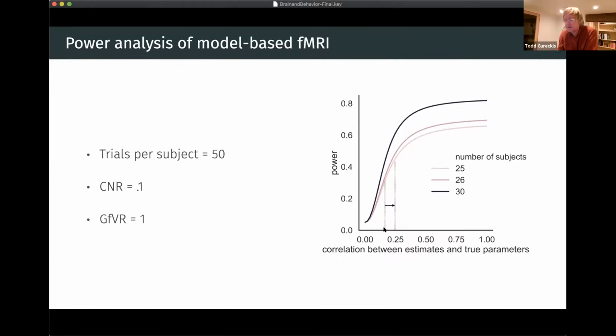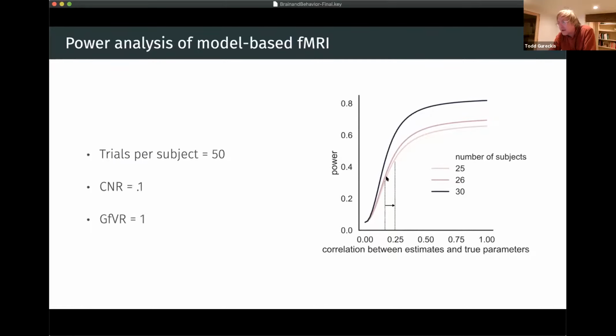I don't know what it is. It could be improved model search, better models, hierarchical modeling, that would move my correlation between the estimates higher, then I would move up this curve basically. So on the 25, I would slide up this curve just by improving the estimates between the model and the true parameters, like better fitting my model, right?